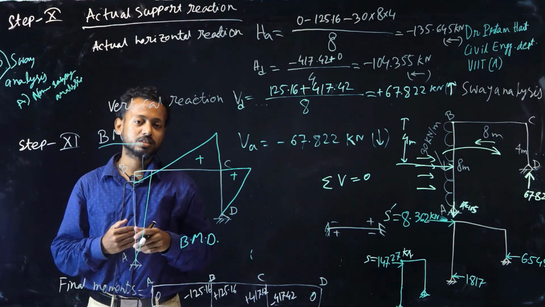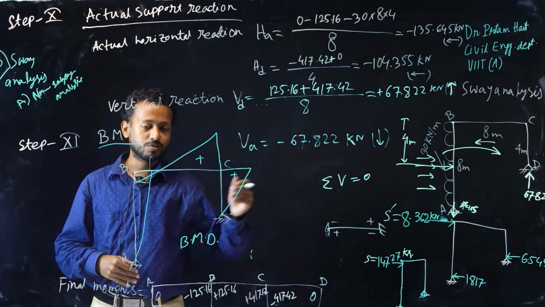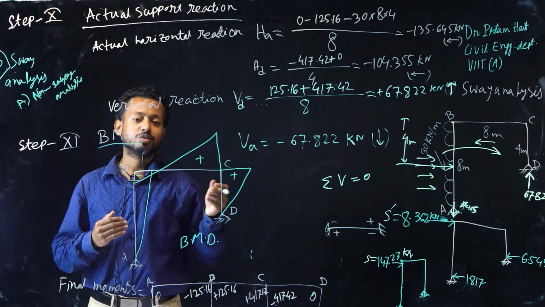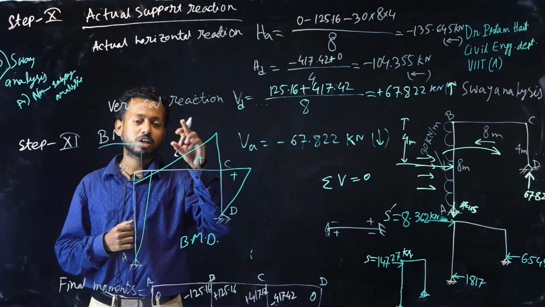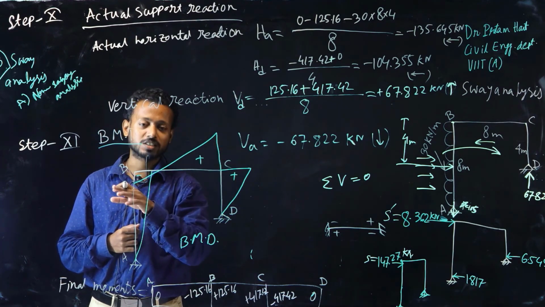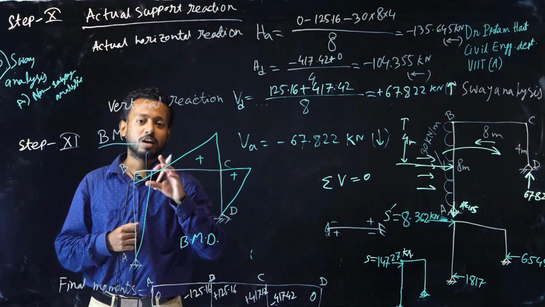The next step is sway analysis. In sway analysis you calculate the net sway force, again you calculate the moment distribution, find out the column A moment, then next you calculate the final moment.